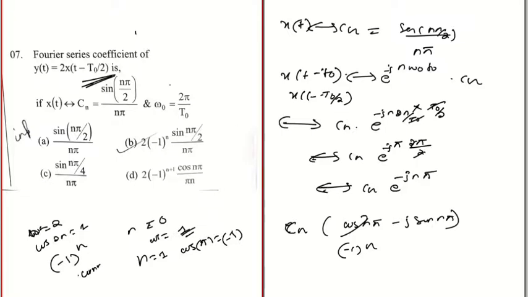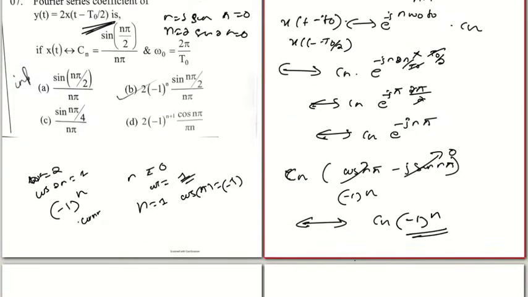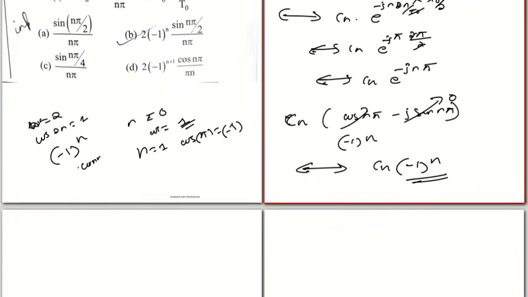And sin n pi, if n is equal to 1, sin pi is equal to 0, n is equal to 2, sin 2 pi is also equal to 0. So this whole term will be equal to 0. What we are left with is Cn into minus 1 the whole raised to n. Okay, so that is the change that is going to happen.